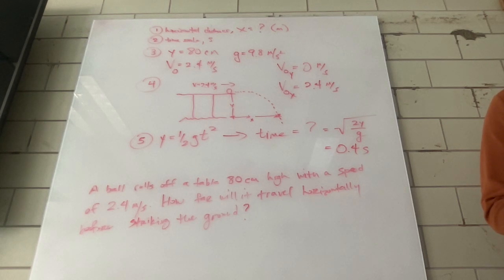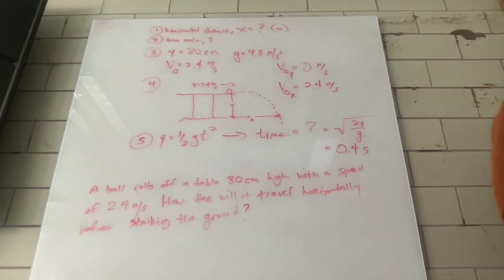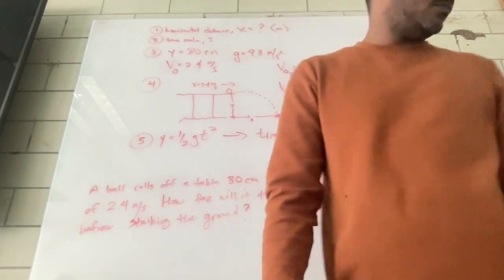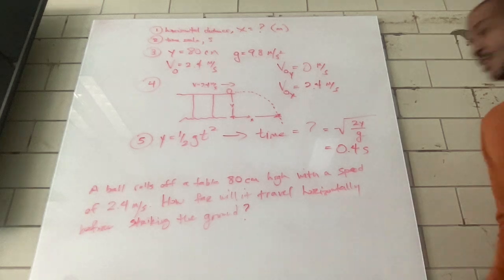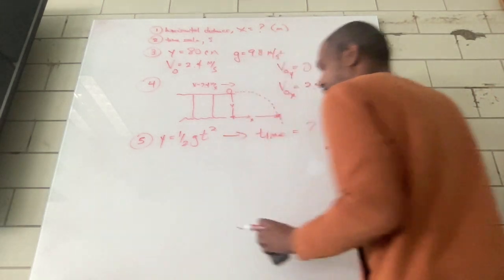X is what we're looking for, as in distance. We know the time in the x direction, before it hits the ground, is 0.4. So that's the first equation we went over.